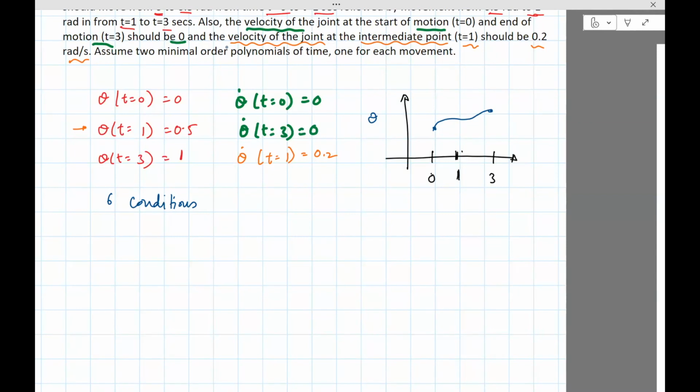To satisfy the 6 conditions, I need to create a fifth order polynomial. So a0 plus a1t plus a2t square plus and so on. So that's one way of solving the problem.